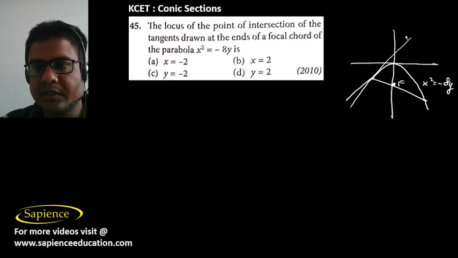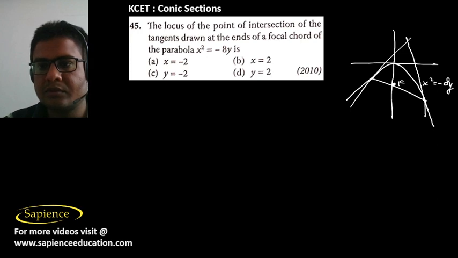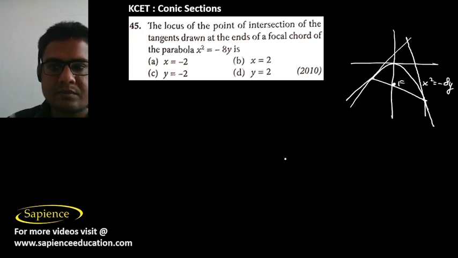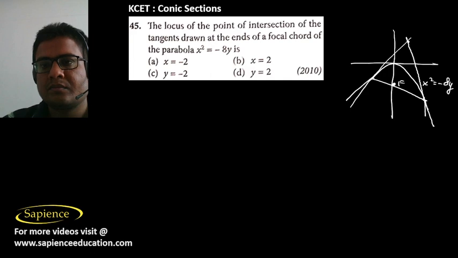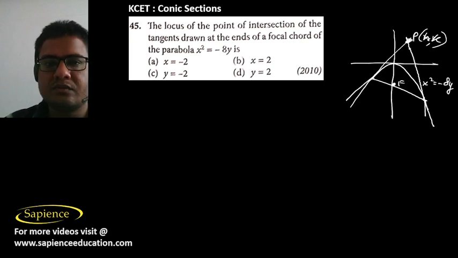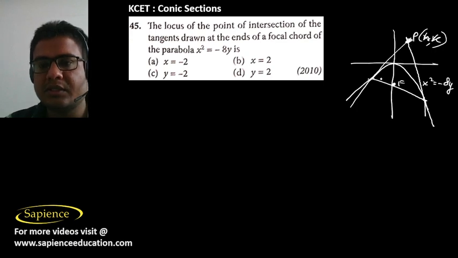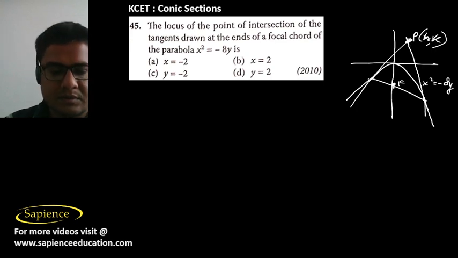The point of intersection is P, x comma y, suppose h comma k. You have to find the equation of the locus of the point of intersection of these tangents drawn at the endpoints of the focal chord. Let's say the endpoints are A and B.